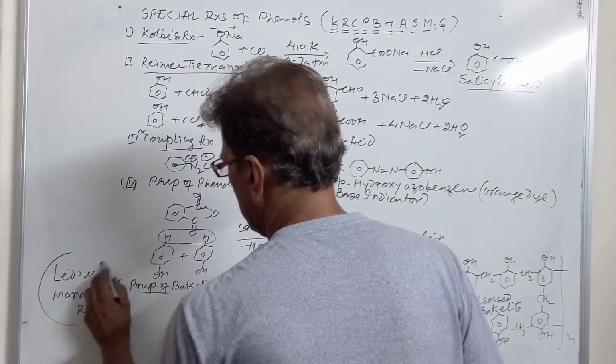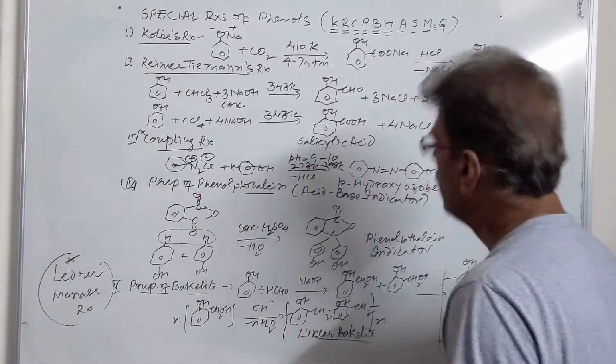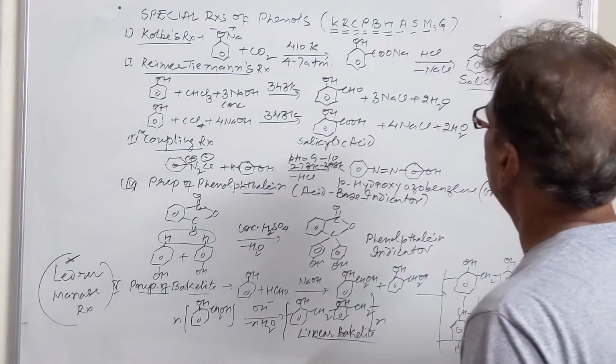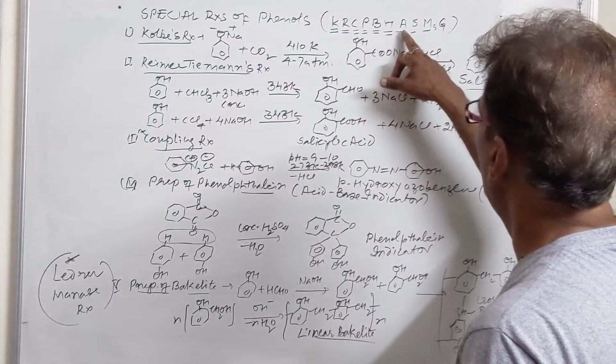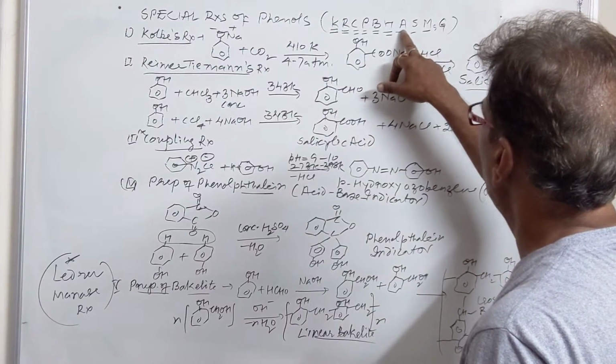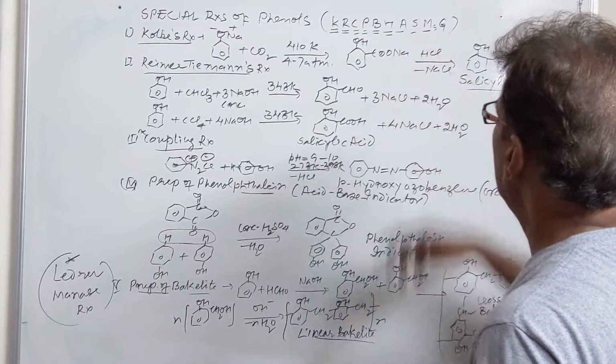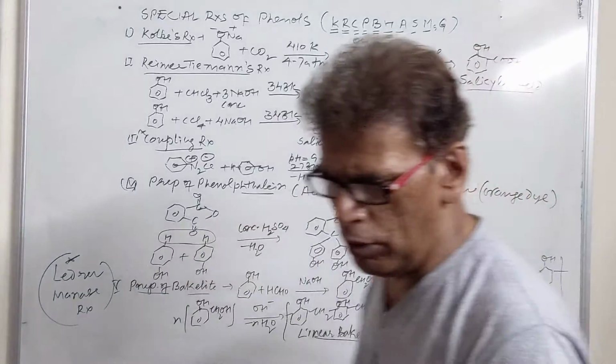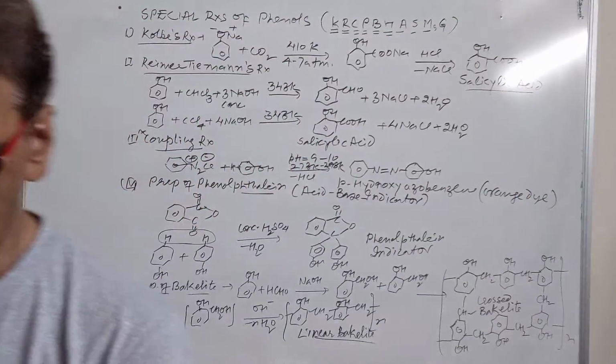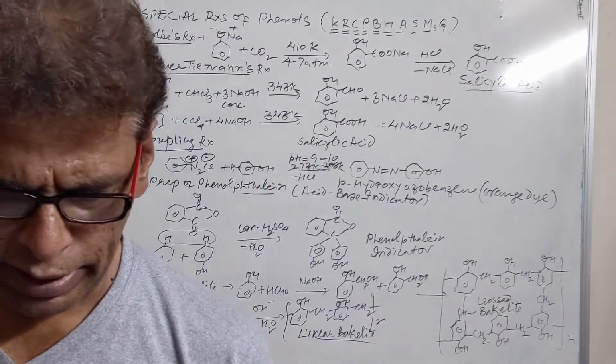So keep in mind, this is also a name reaction. So up to now we have discussed 5 specific reactions of the phenol. Then we have preparation of aspirin, cellulose, then methyl salicylate and preparation of aldehyde by the Gattermann aldehyde reaction.